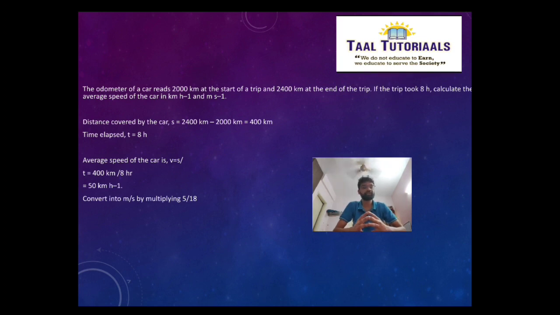So average speed of the car is total distance by total time, that is 400 divided by 8, and we got the answer as 50 km per hour. Now we got it in kilometer per hour. If we need to convert into meter per second, we need to just multiply 50 into 5 by 18. I hope this is very much clear.